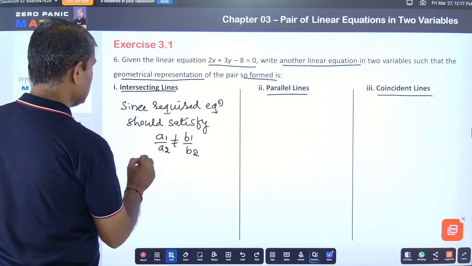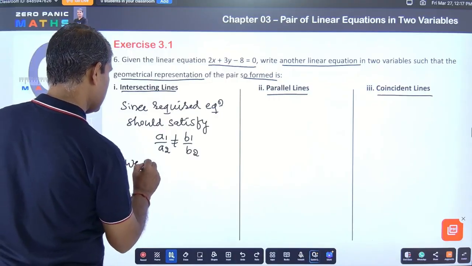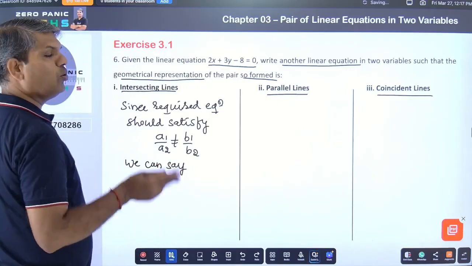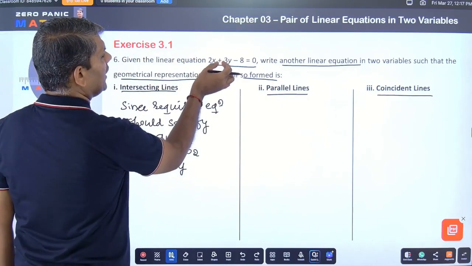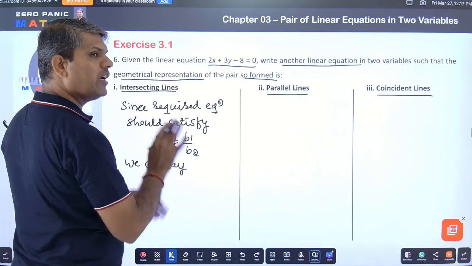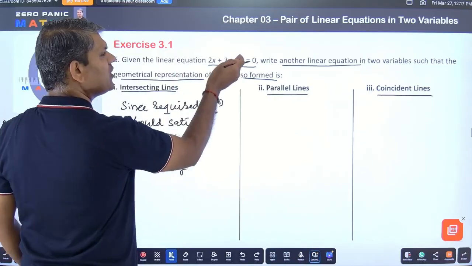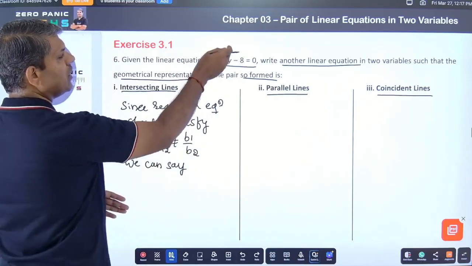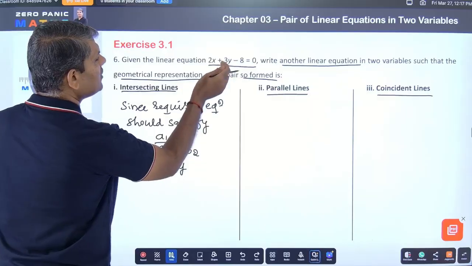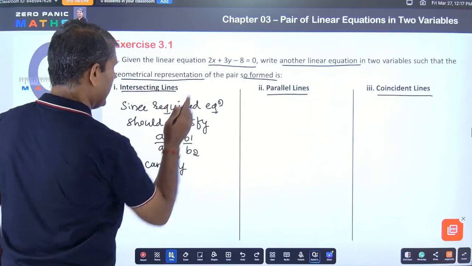Okay, we can say you do one thing: simply replace the b1 with a1 and a1 with b1 and write the same equation, or else you can even write something different for the constant term also. I'll just write 3x + 2y.